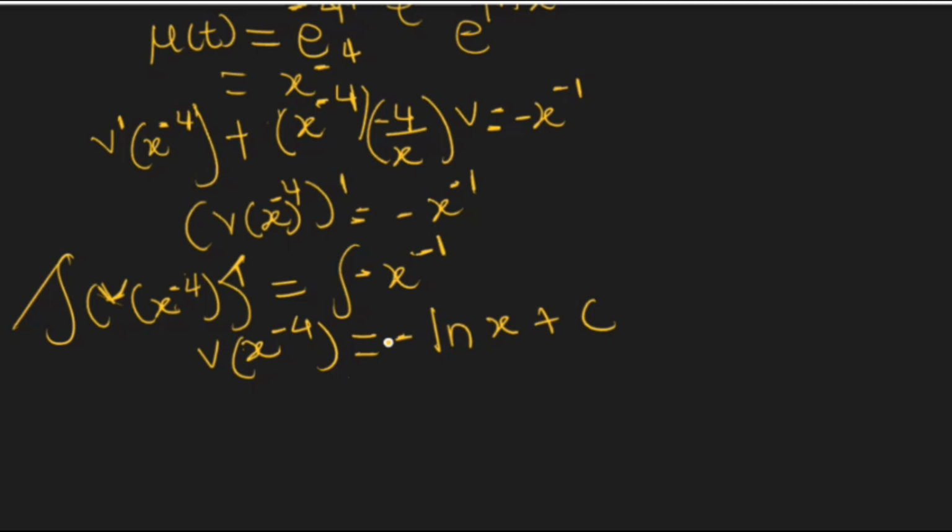Once we get this, we are simply going to divide through by the coefficient of v, so that we get v standing there alone. Then you divide each term by x to the power negative 4. So this side will cancel this.